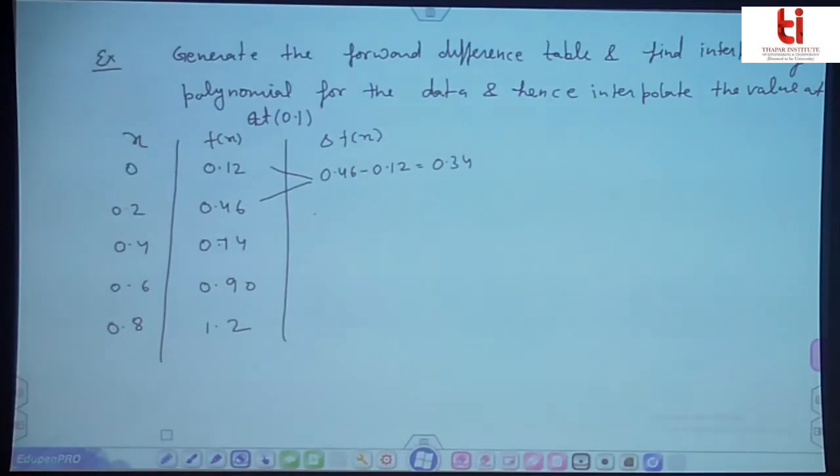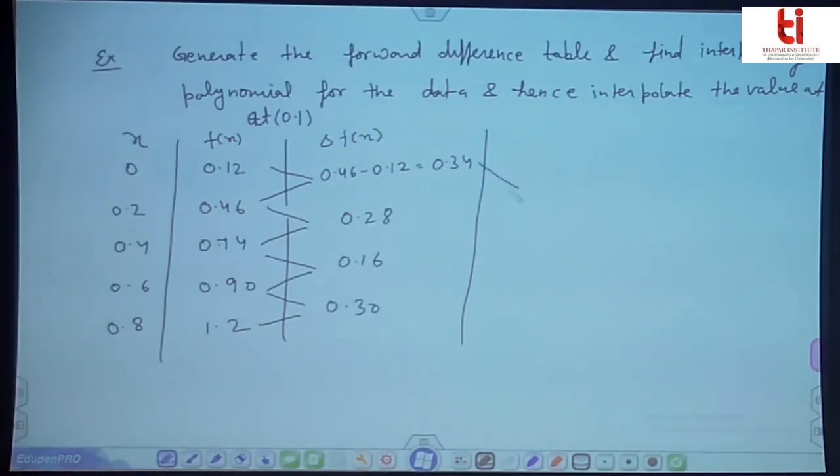So now find these values. This value is coming out to be 0.74, this value is 0.28, 0.16, 0.30. Using these values it is coming out to be minus 0.06. This value is minus 0.12, 0.14. This is del square f(x).